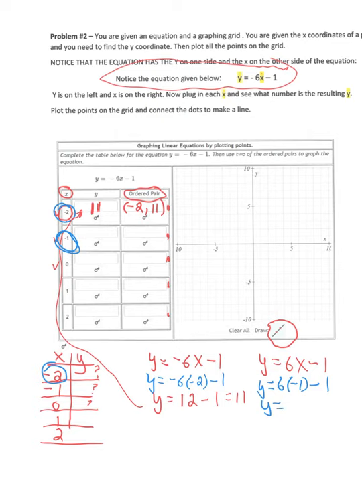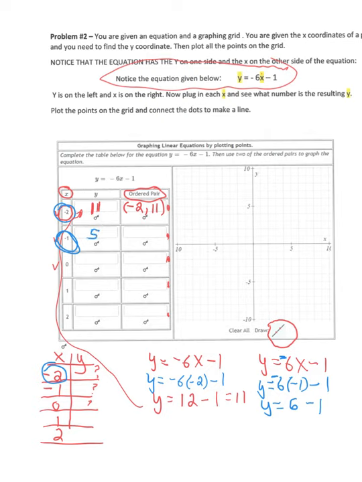When I do that one, there's a negative in front of that 6. Silly me, see how you can mess up on that sign. So this turns out to be 6 positive minus 1, and when I put in negative 1, that turns out to be 5. So negative 1 gives me 5.